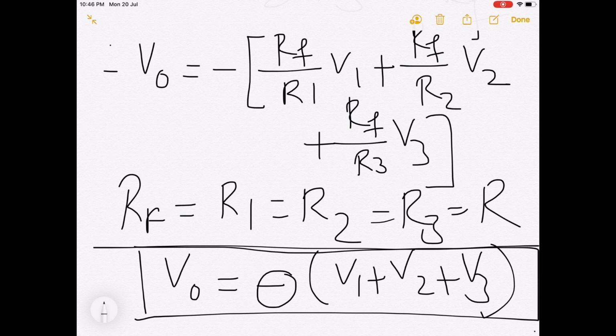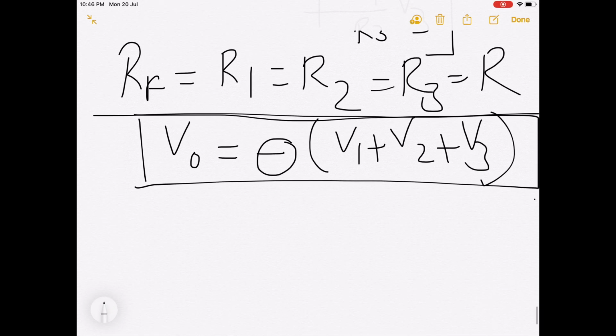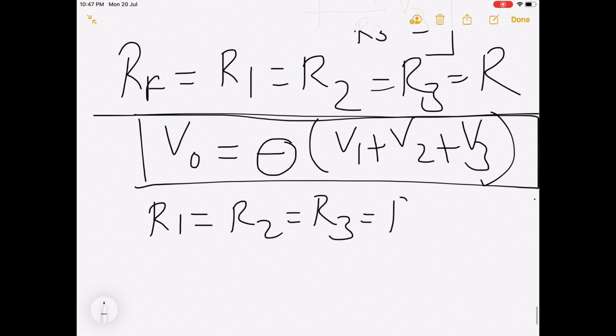For this, one thing I have to mention here, we can consider it as an averaging circuit also. How averaging will be there? So here we have to select R1 equal to R2 equal to R3 equal to R, and feedback resistor RF is equal to R by 3.